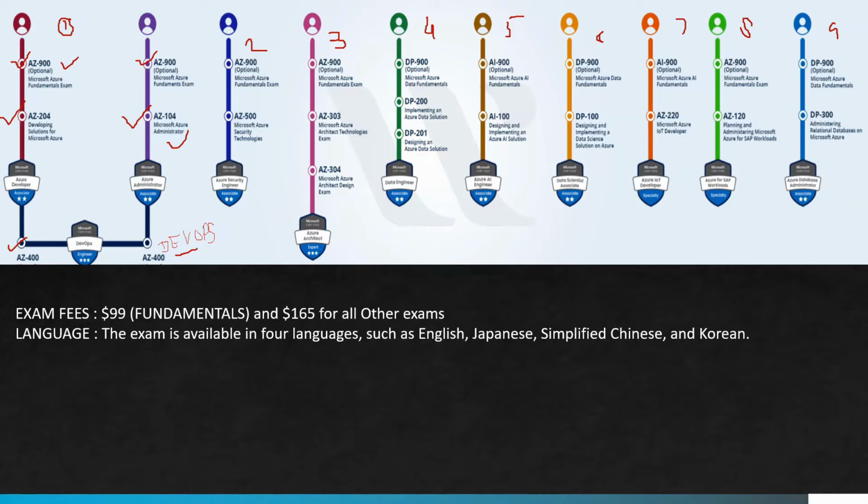You can appear, but even if you pass the AZ-400 exam, you will not get this certification. So to get this certification, it is mandatory to pass either AZ-204 or AZ-104. So this is the cycle for the DevOps Architect certificate.